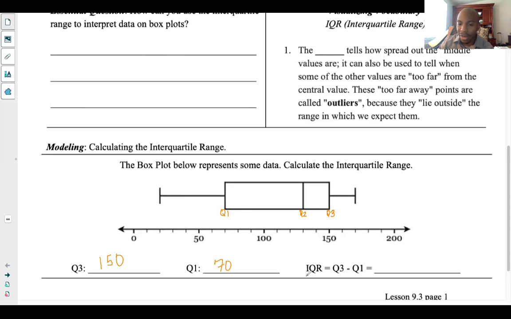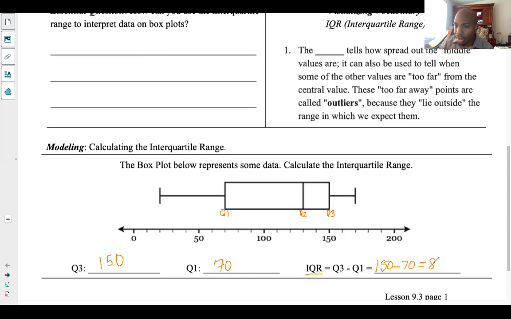So in order to calculate the IQR, we need to do quartile 3 minus quartile 1, which looks something like this: 150 minus 70 equals our IQR. Now, if you need a calculator, grab one.